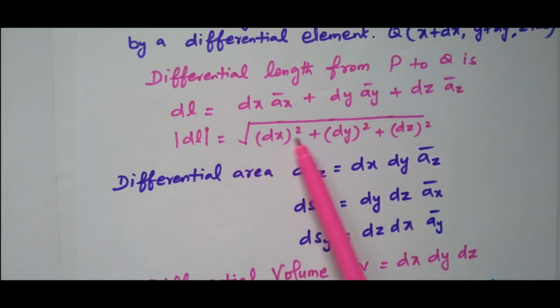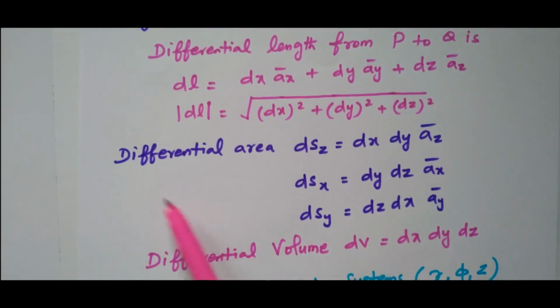We consider x, y and z. While calculating differential area, we need to consider any two elements, either xy or yz or zx, right? First we consider dsz. Here z is there, meaning dx and dy. We consider x and y that represent the z axis.